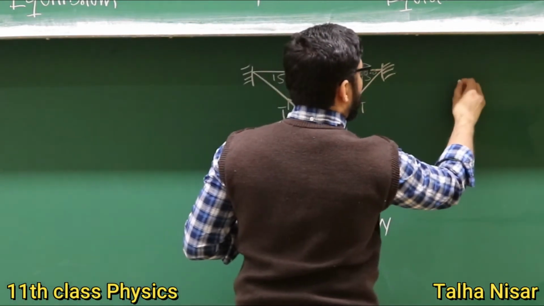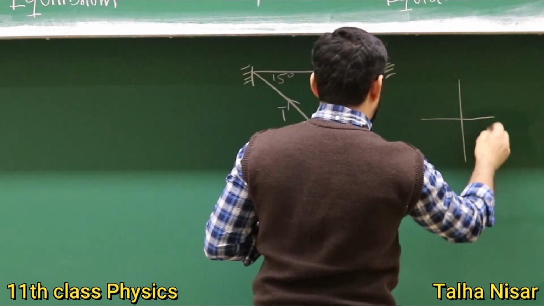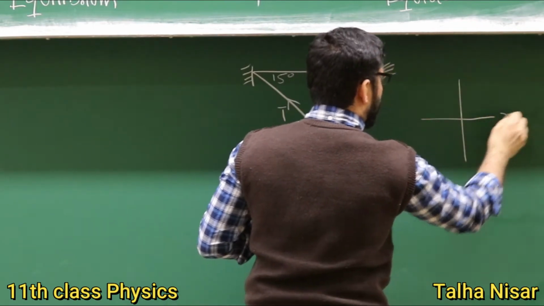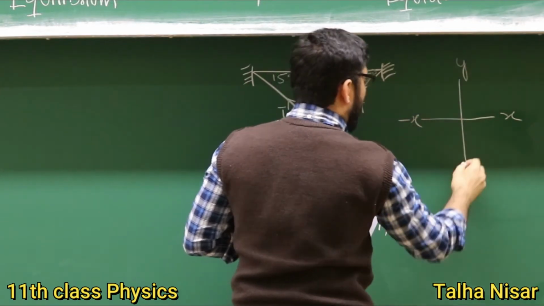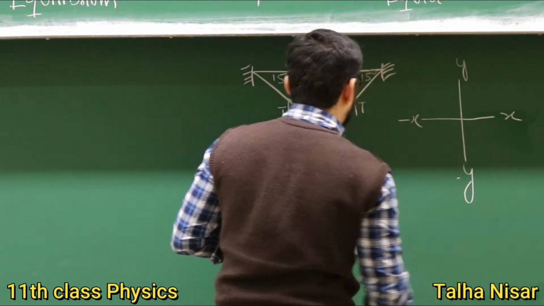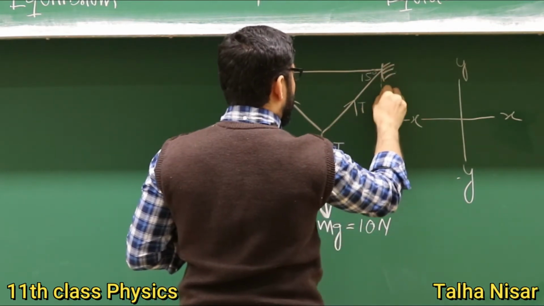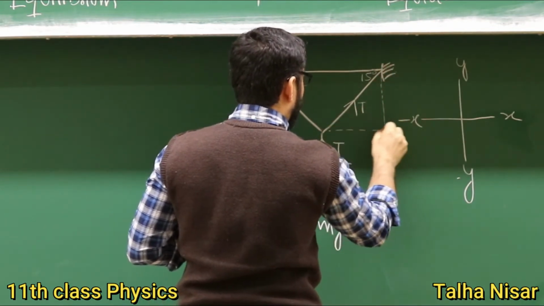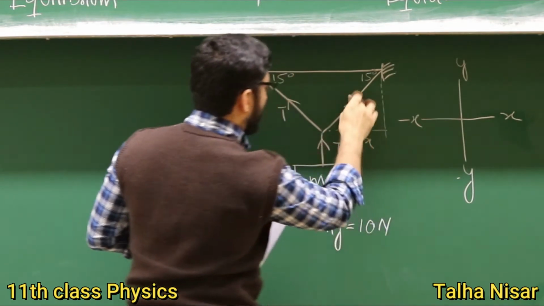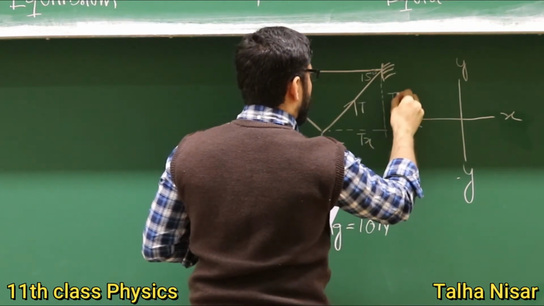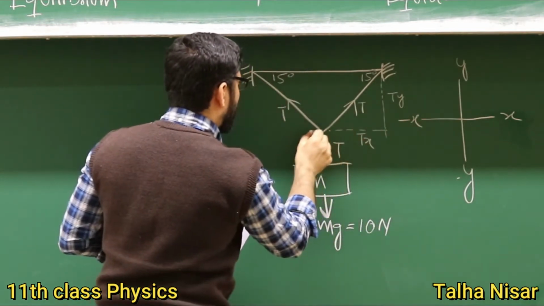So on this side, we have the x-axis, the minus x, the y, and then the minus y. So we just split. This is the Tx, this is the Ty.